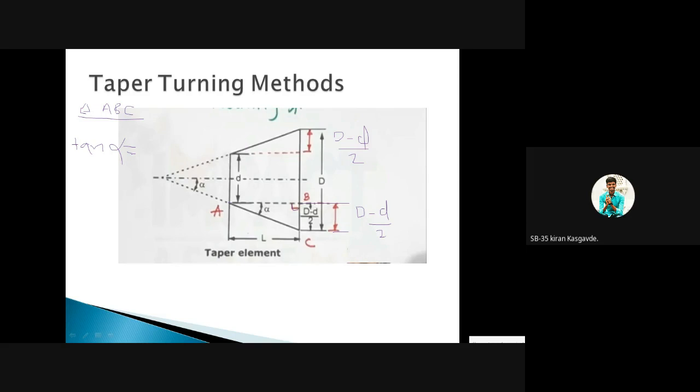Opposite side upon adjacent side. Correct. And what is the opposite side? Opposite side is nothing but our BC. And our adjacent side is nothing but our AB.